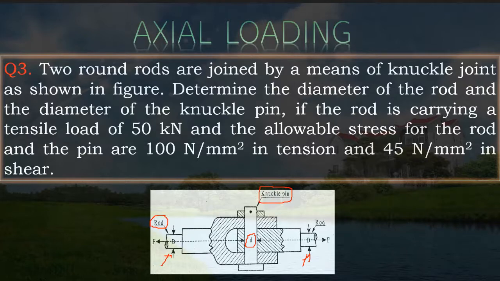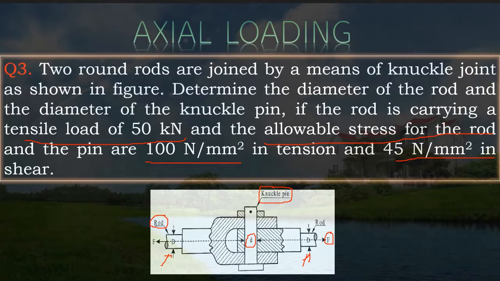Also, we can clearly see in this diagram in the question that a load of 50 kilonewtons has been applied. The value of F is 50 kilonewtons. It has also been mentioned that the allowable stress for the rod and the pin is 100 Newton per mm square in tension and 45 Newton per mm square in shear.